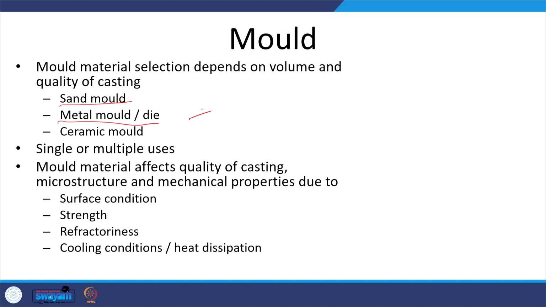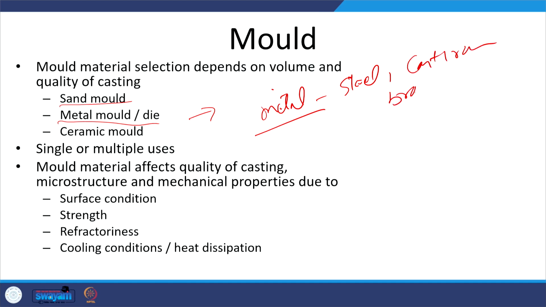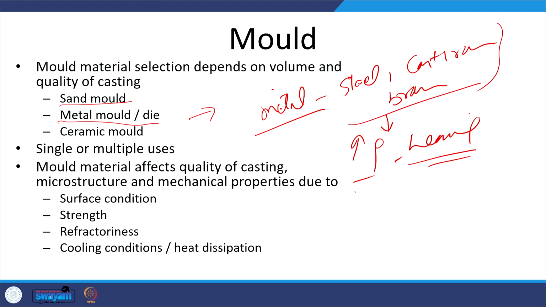Then molds can also be made using metals. These metals can be steel, cast iron or brass, depending upon the metal to be processed for casting. But most of these metals are high in density, so these molds are heavy, but they also offer higher thermal conductivity.